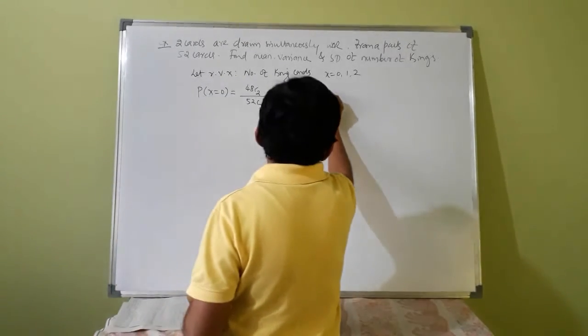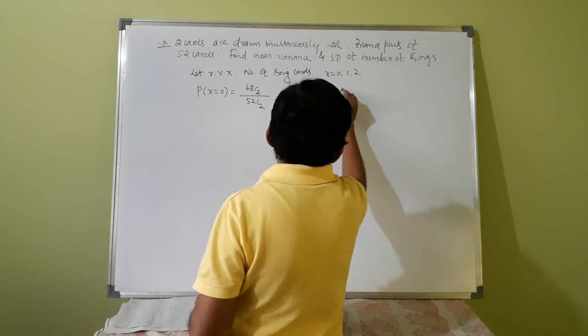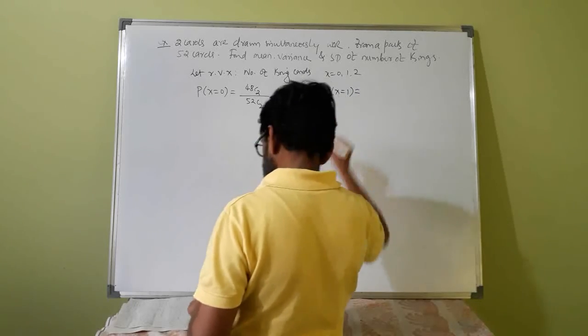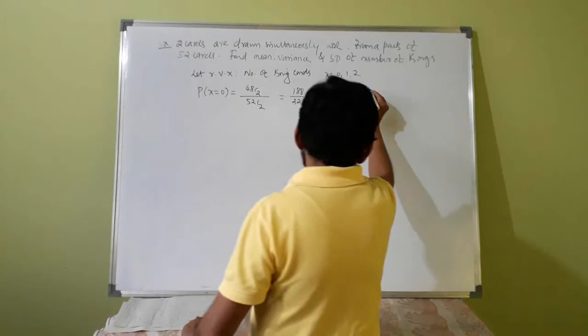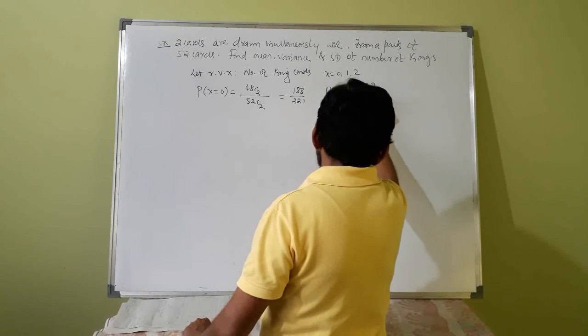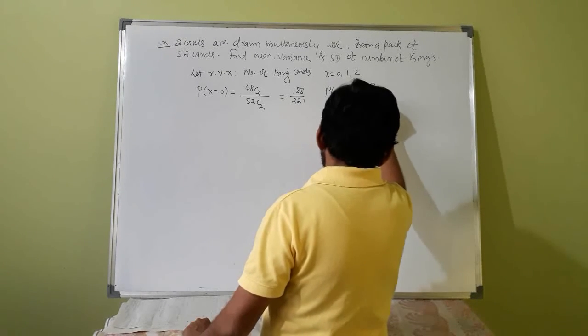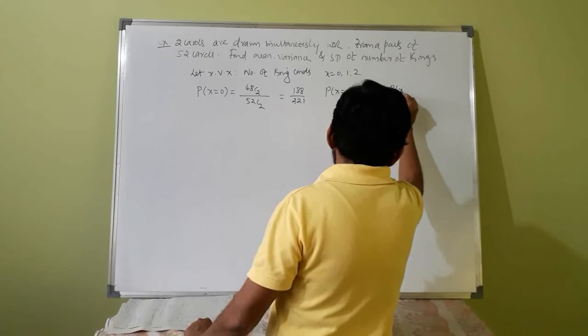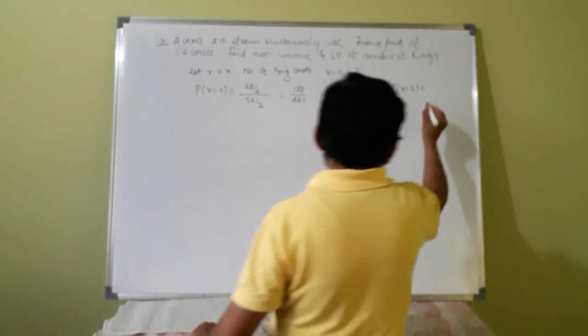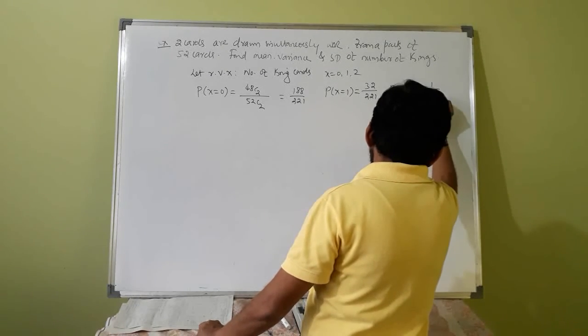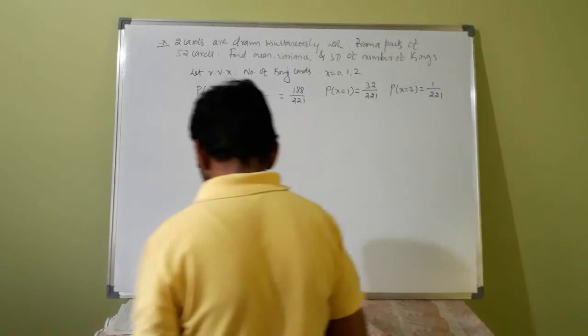Probability of x is equal to 1 is 32 by 221. X is equal to 2 is 1 by 221.